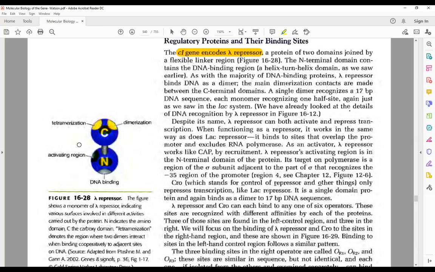Actually, this is present in the form of a helical protein, and the 2 domains are joined together with the help of the dimerization component.